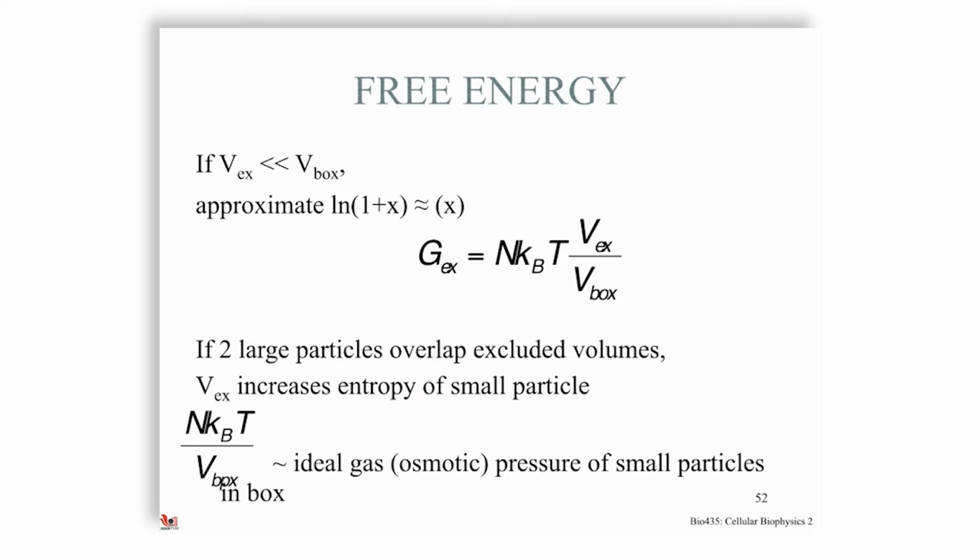This is how we got it. If two large particles overlap, the excluded volume increases the entropy of the small particle. N times kBT upon V box is the approximate ideal gas osmotic pressure of small particles in a box.